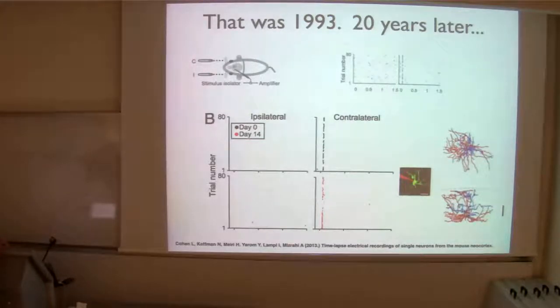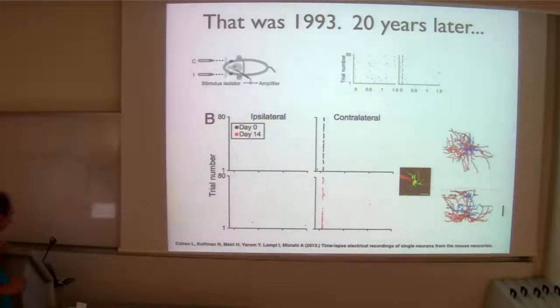And what you can see is that this neuron is not responding at all to the ipsilateral, so it's not responding to stimulation on the same side of the whiskers, which are on the same side of the brain as this one, but it is responding to the other one with a very precise spiking every time you do it. So these are triangles, and these are individual spikes, and this is what you get.